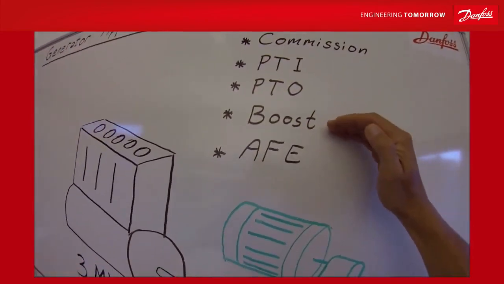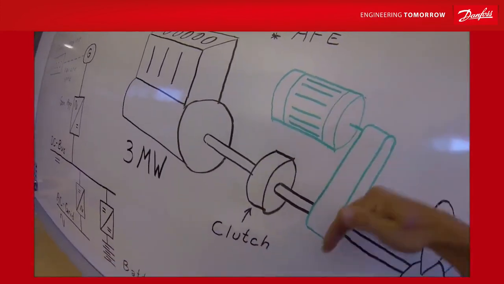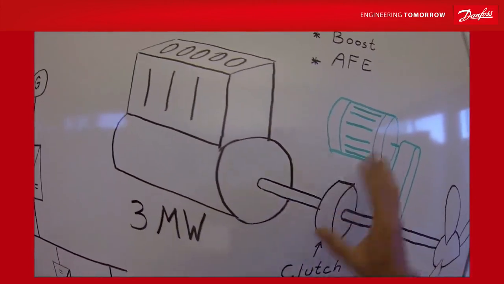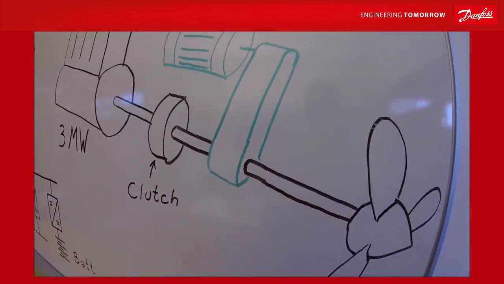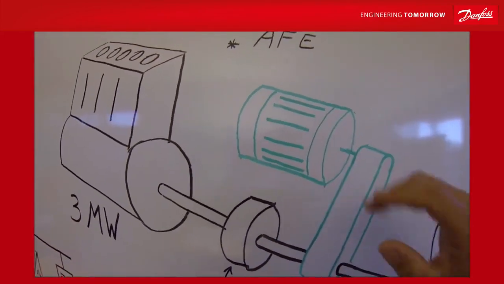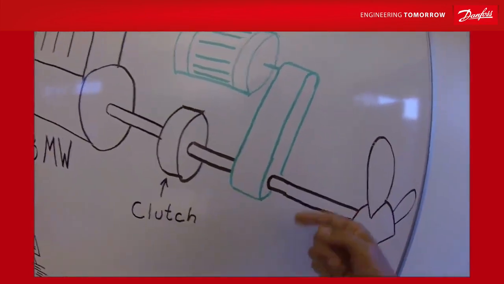The boosting mode means that you are using the power take-in mode together with the main diesel engines. Both of them add mechanical power to the propeller shaft. You basically run the synchronous generator as a motor in torque control. It just adds torque to the shaft.